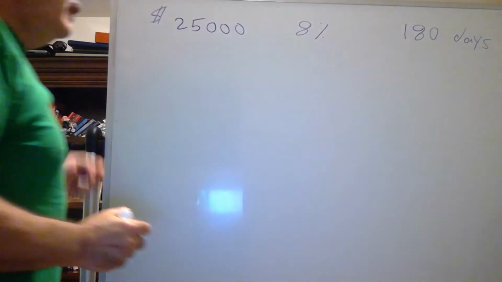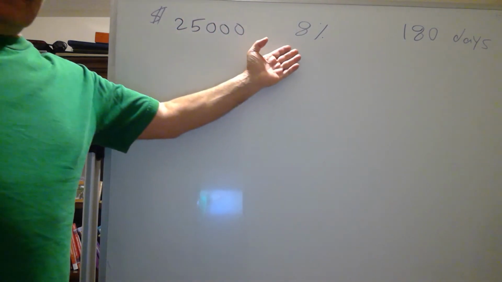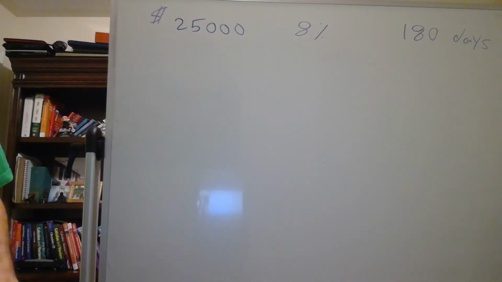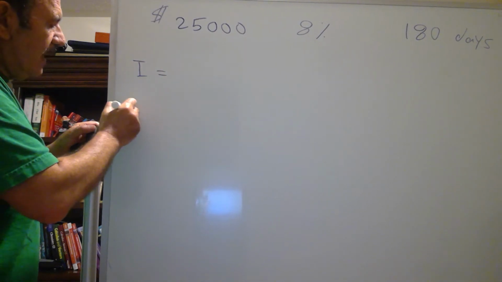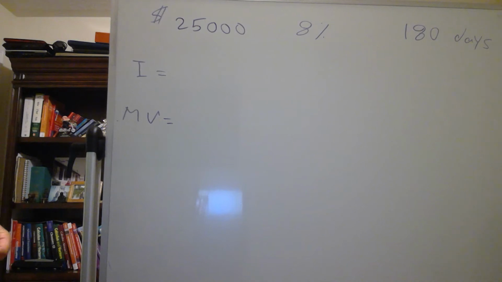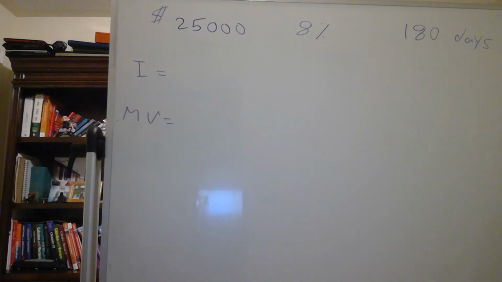I borrowed $25,000 with the annual interest rate of 8% for 180 days. How much is the interest, and how much is the maturity value? Now, what is the interest?